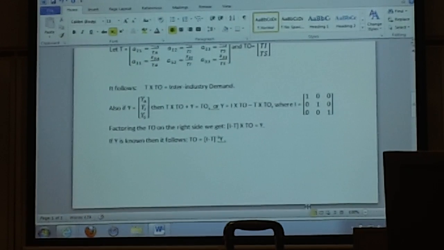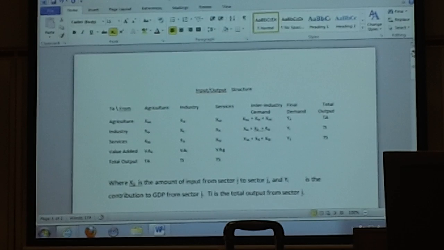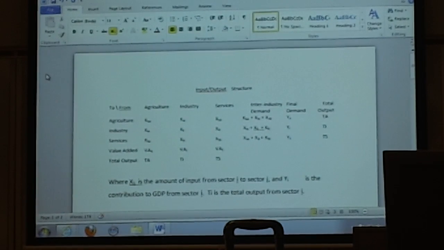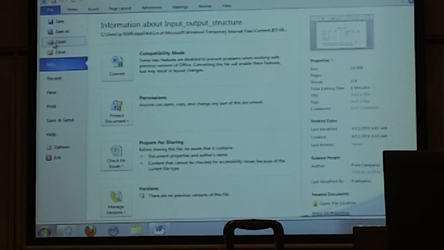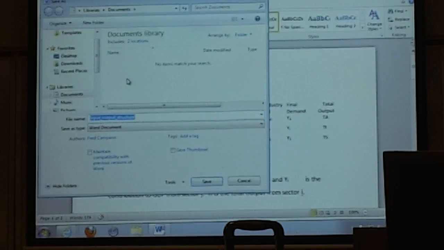Now I'm going to download this, and then you can email it to yourself. We connect to his computer. I can't remember. It's in his computer. Does it say up there? What's his computer? Input output structure. What's your computer name then?